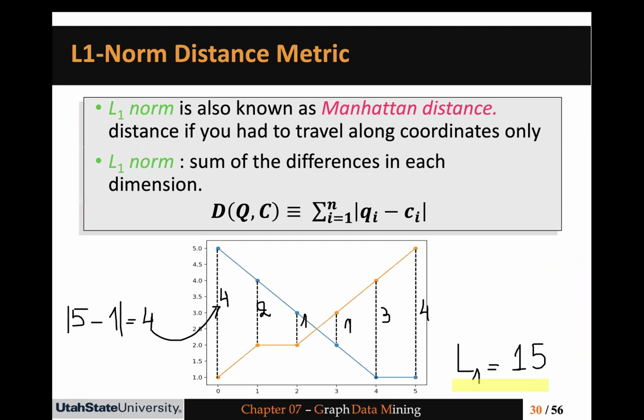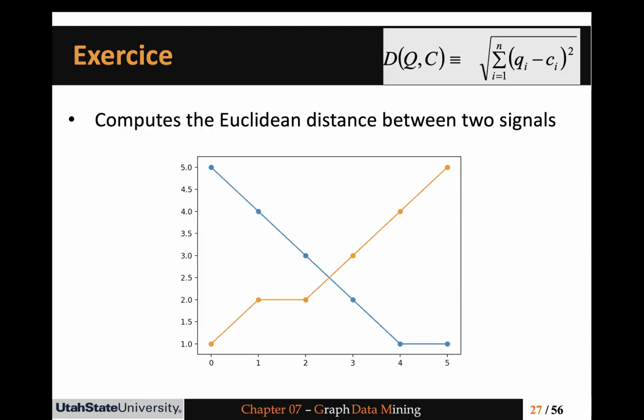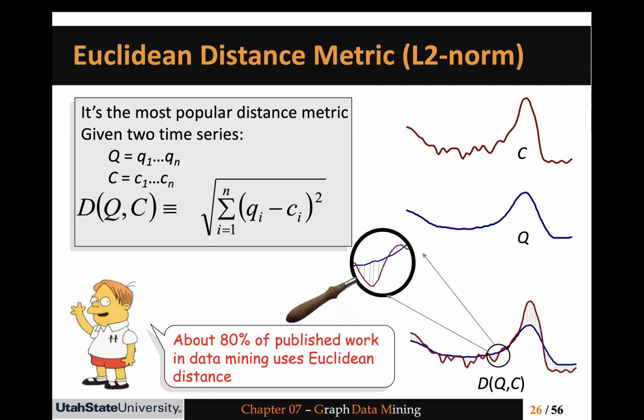This is an example of the L1 norm, where we're just taking the absolute value of the differences between every single pair of points between the two time series. We also talked about Euclidean distance, where we're taking the square root of the squared differences between every single point between the two time series.